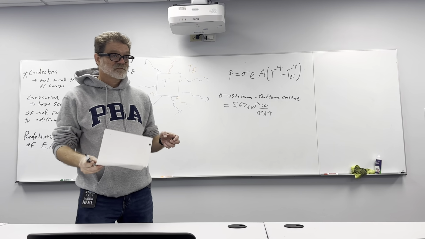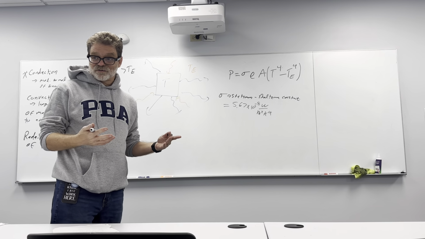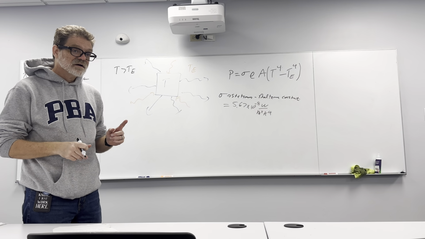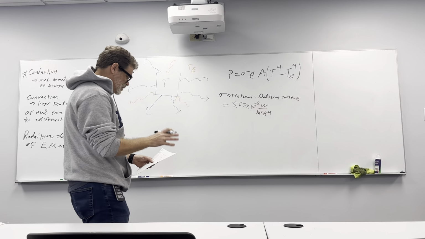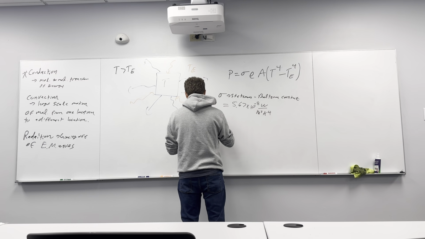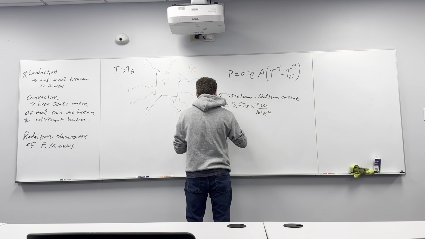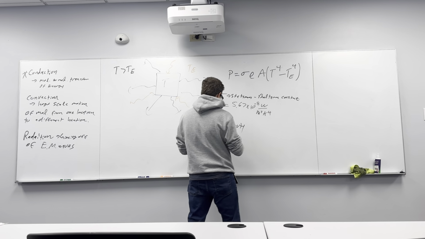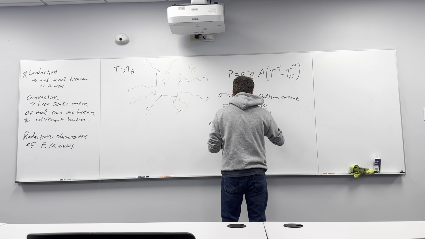Okay, it's one of these constants in nature. What about e? Is it Euler's formula? No, e is not Euler's. e is called the emissivity. I can't spell, so it's something like that. This depends on the material.